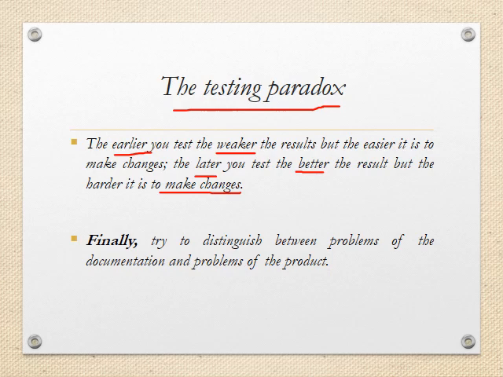Finally, try to distinguish between problems of documentation and problems of the product. That means when we test, if we find any problem related to the software, you do not need to change it. You can mention it in your document, but it's not your job to change anything related to the product or the software itself.